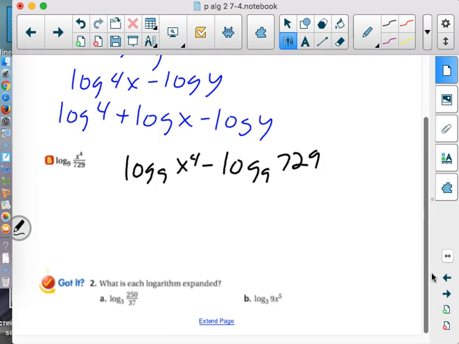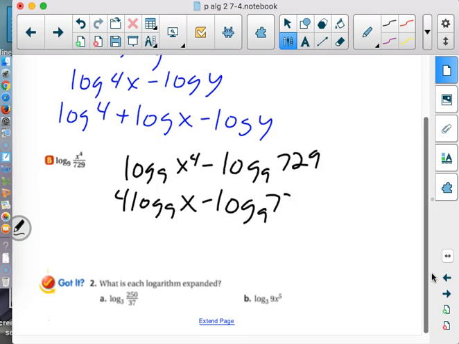What are powers supposed to be? Okay, so does everything get the 4? This and this? Just this one. How do we know? That was the one term that had the 4th power. The 729 doesn't have the 4th power to it, so the 4 is just in front of this term.